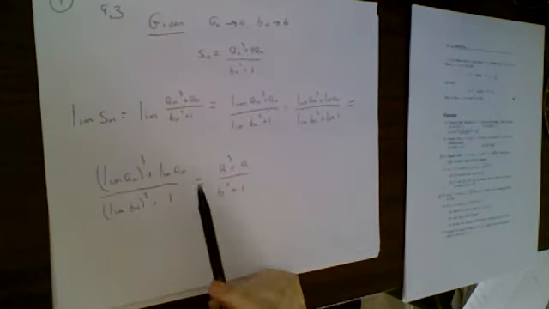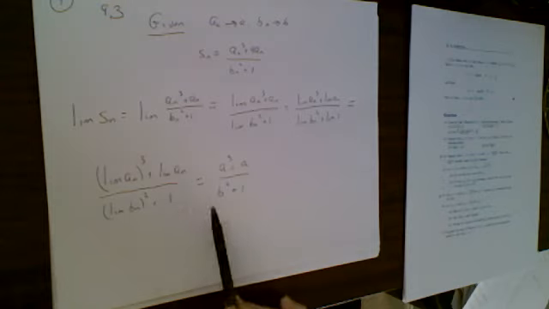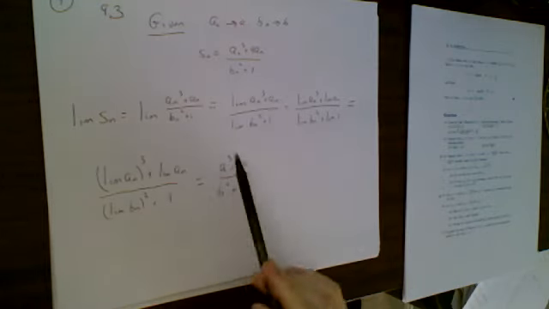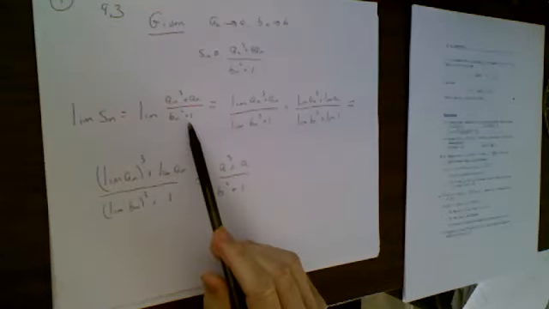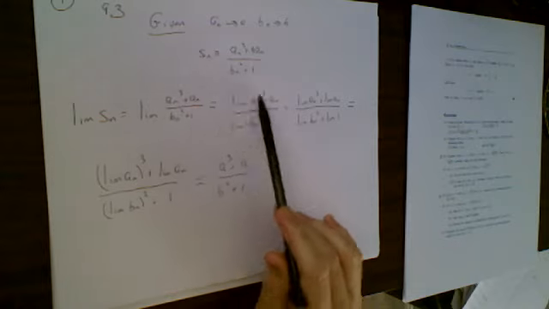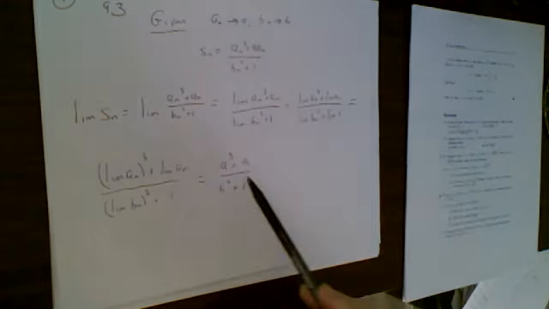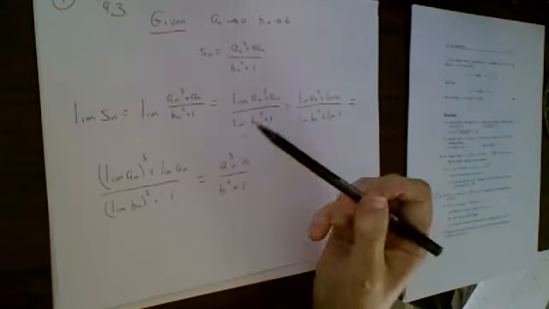So again, at every point, you could apply the limit theorem as long as the individual limits exist. And notice, yes, these individual limits did exist. At every step along the way, when we come down here, we see these limits do indeed exist.